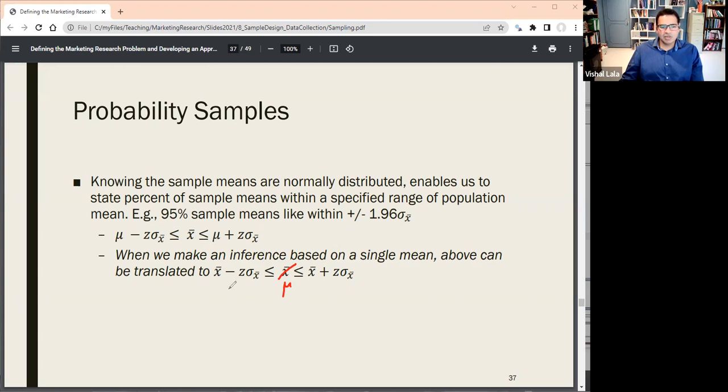You can rearrange the terms to get the following. So the benefit of this is we can make statements about 95% of sample means lying within plus or minus 1.96 times the standard error. We can make all these statements because we know the sampling distribution is normal.